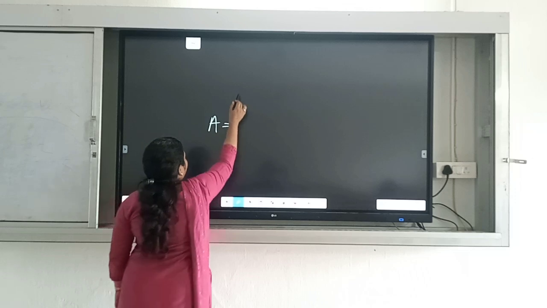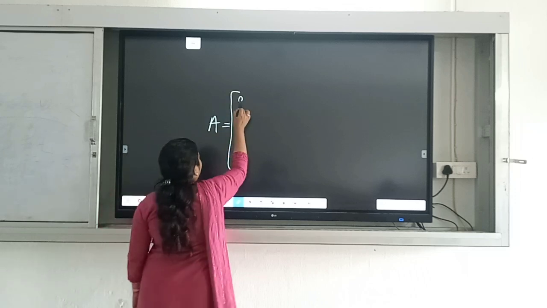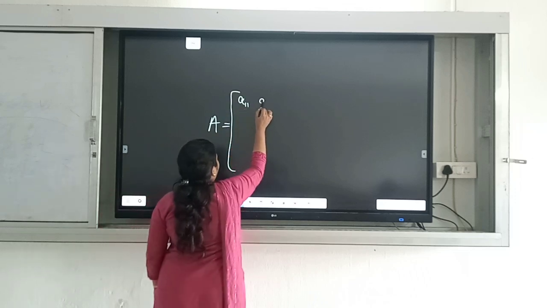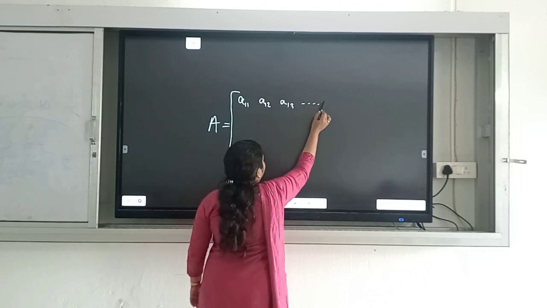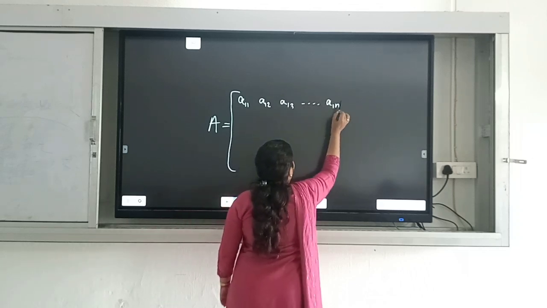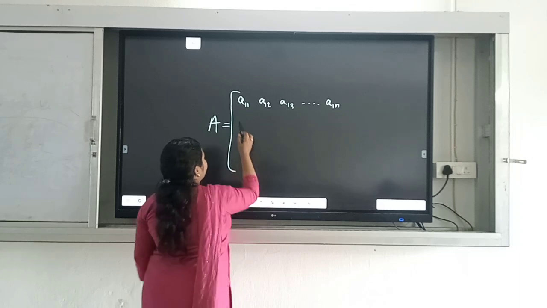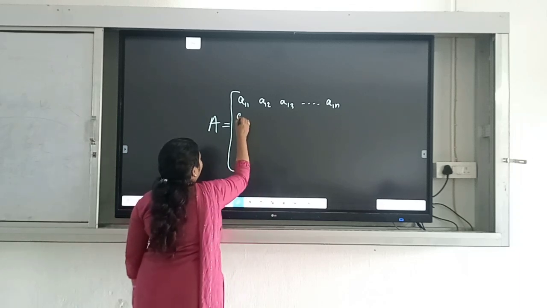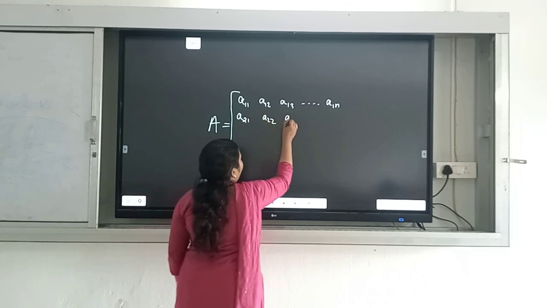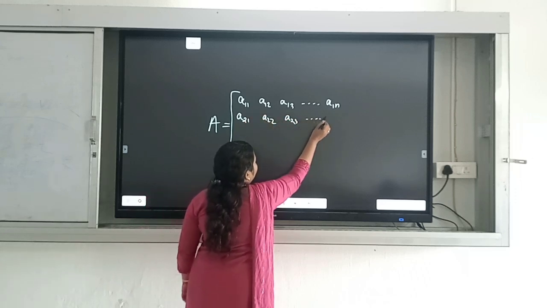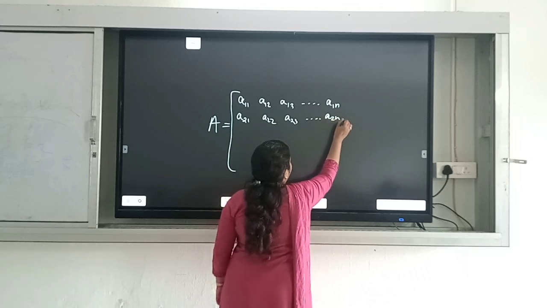Matrix A contains elements like A11, A12, A13 up to A1n. Then if we come to the second row, we write it as A21, A22, A23 up to A2n.